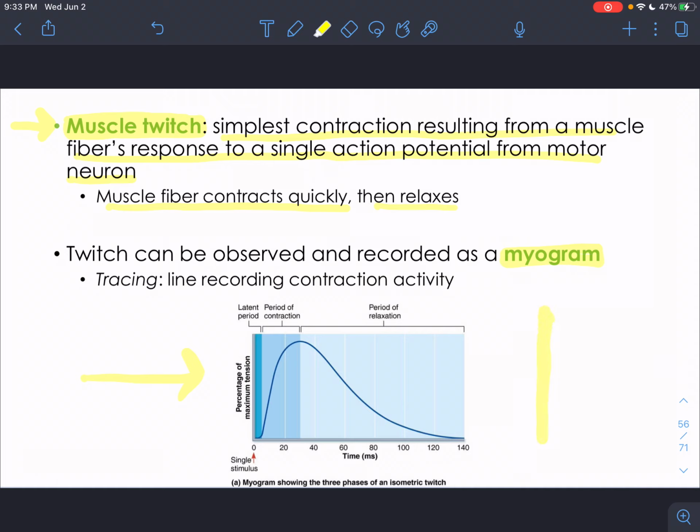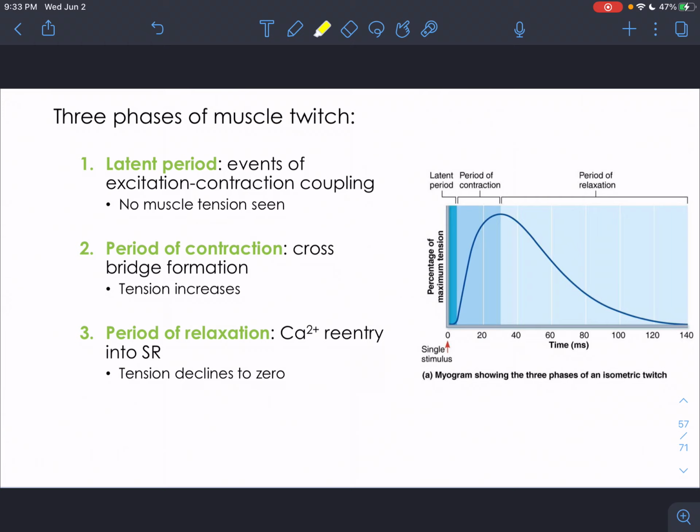That looks like a little noodle. It's attached to your pinky, and when your pinky moves, it causes that force transducer to move, and that measures the strength of your muscle contraction. There are different parts of this myogram that we can look at, and they tell us different things about what's actually happening in the muscle on a chemical level.